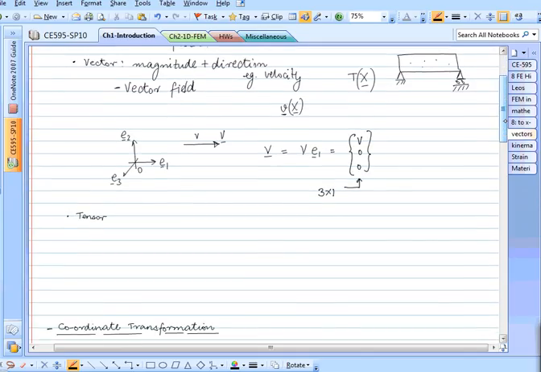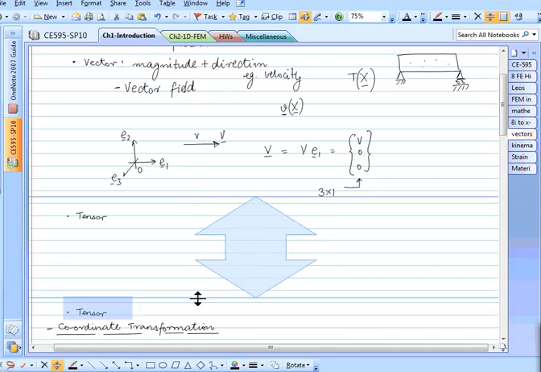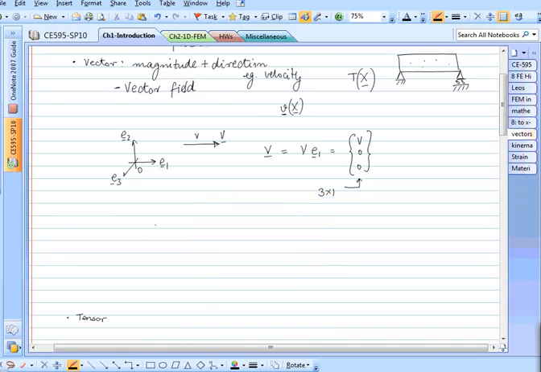But some other guy comes and says that, well, my coordinate system is going to be oriented like this. So E3 prime, E1 prime, E2 prime. So what is the definition of this vector in this coordinate system? Minus V times E prime 2.